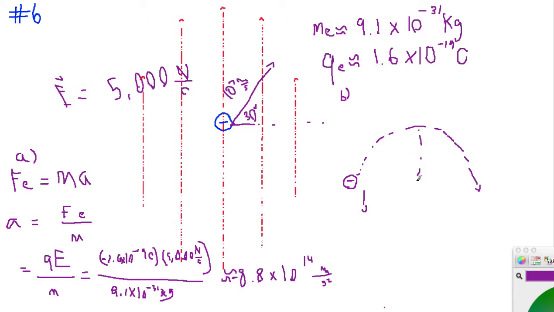Well, we know at this maximum height, the y component of the velocity will be equal to 0. Okay, so then we can say, all right, y of t is going to be equal to negative 1/2 g t squared plus v0 initial t.